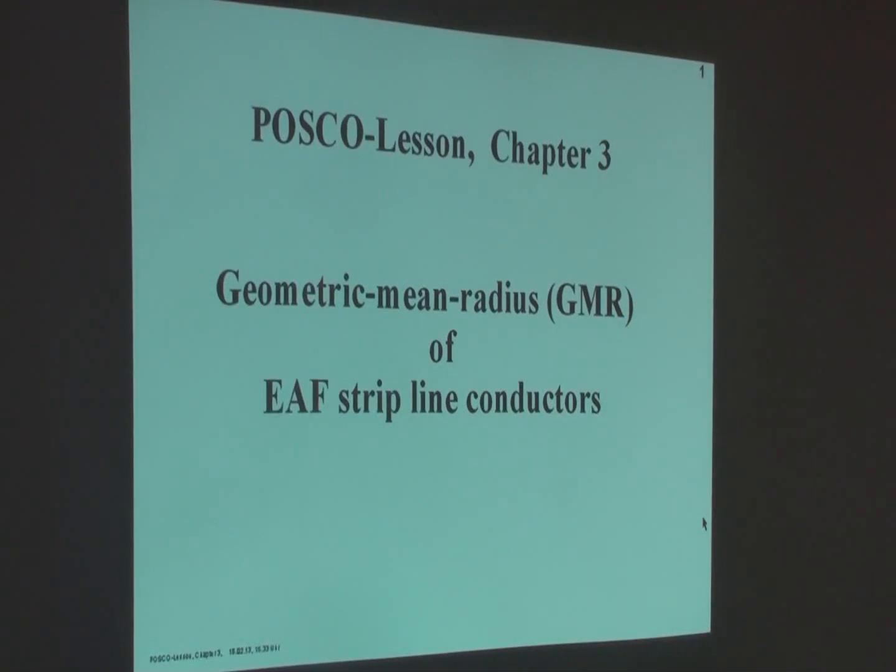Okay. What is a stripline conductor? A stripline conductor, if we have copper plated electrode arms or copper boxes in the transformer line, we have to calculate this geometric numerator.